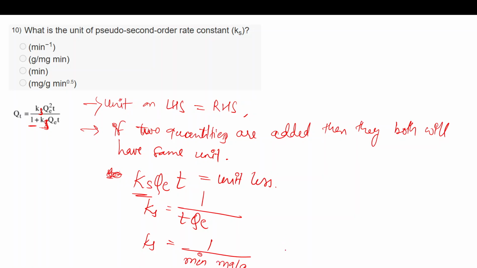If you solve this, it will be gram per milligram minute. So the unit of Ks will be gram per milligram minute.